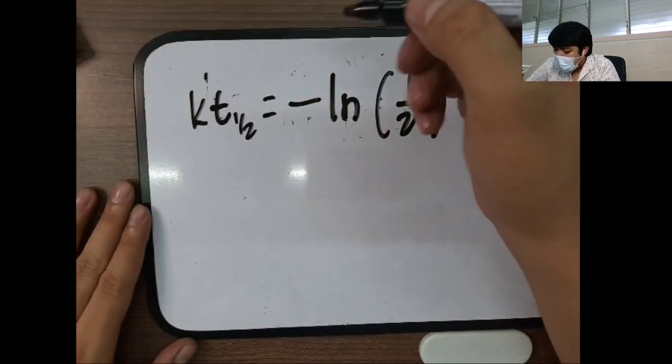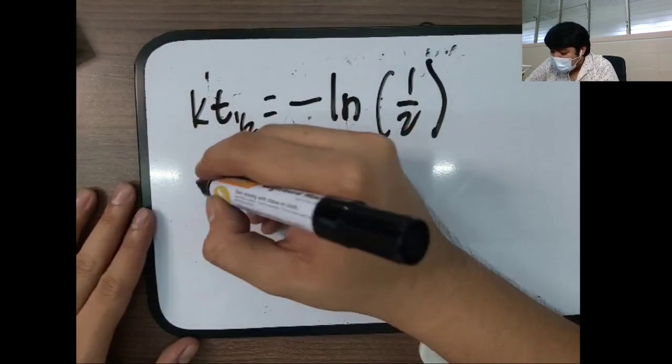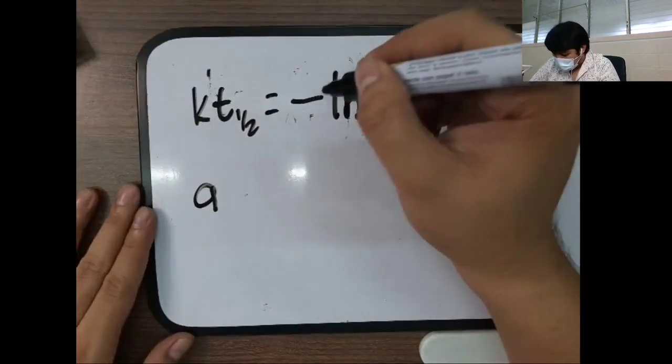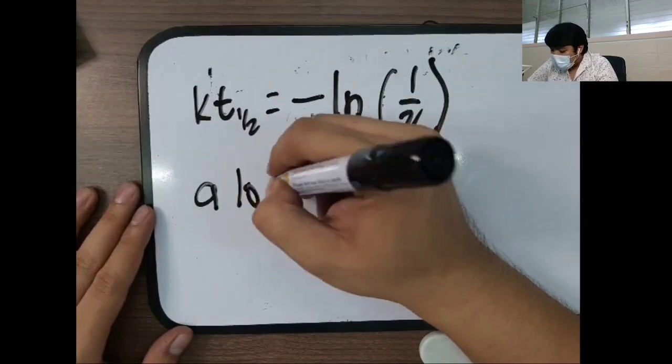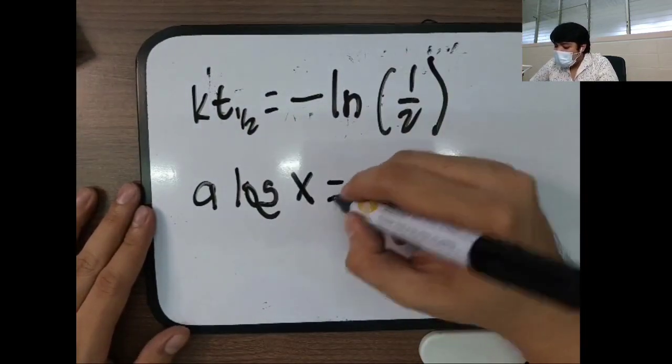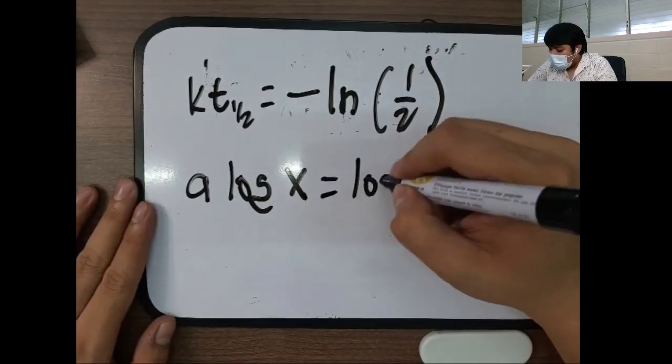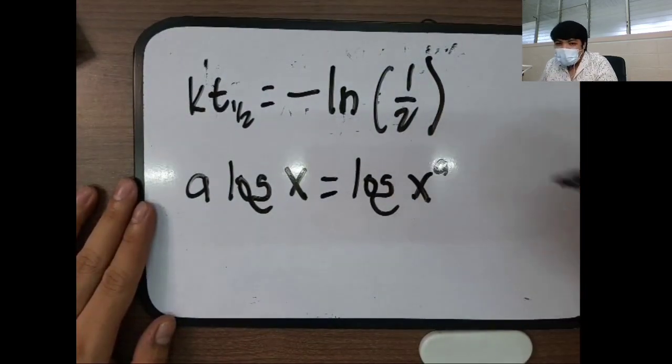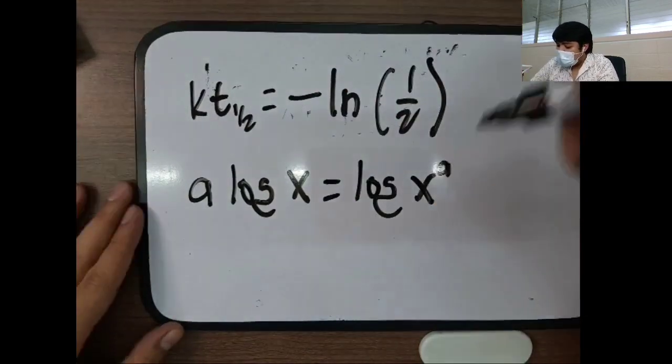Now we know that in our logarithmic laws, if a logarithm of something is multiplied by a constant, this equals the logarithm of the value raised to that constant. So we will apply that logarithmic law.